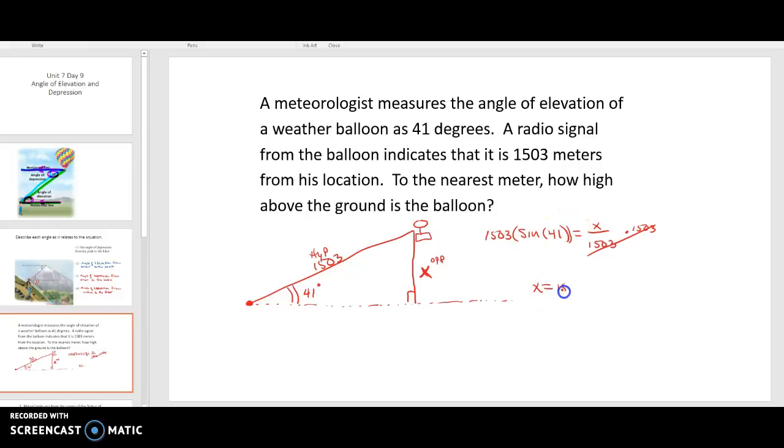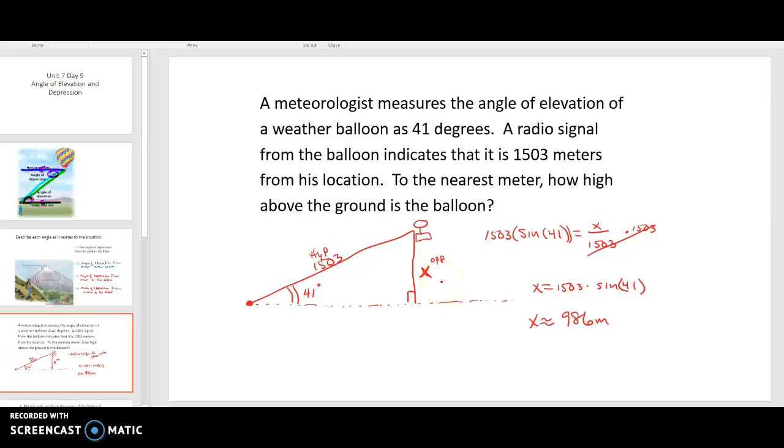So x is equal to 1,503 times the sine of 41 degrees, and that tells you that it is approximately 986 meters off the ground.